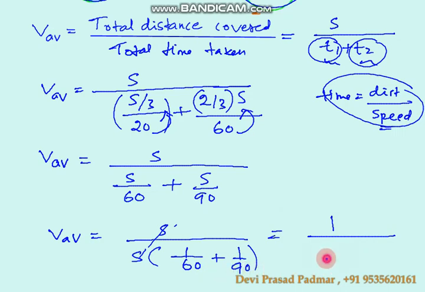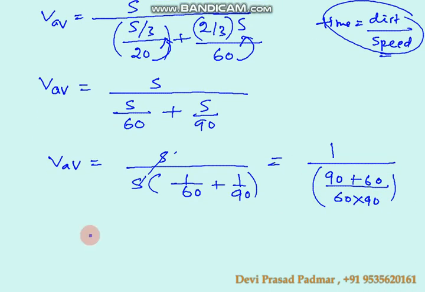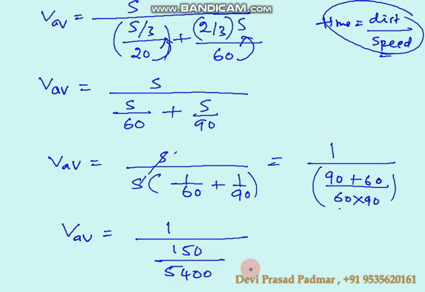Let's take the LCM here. 60 into 90, and this becomes 90 plus 60. So V average is equal to 1 by, 60 plus 90 means 150, divided by 6 into 9, 54, and 2 zeros, so 5400. One 0 can be cancelled here.